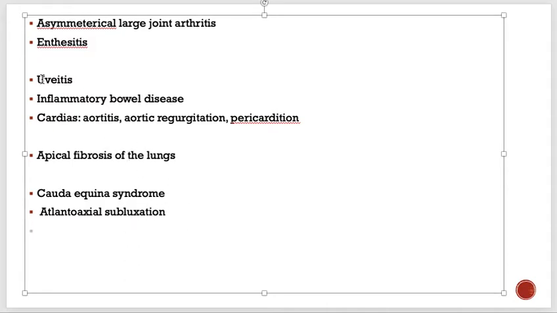One A is anterior uveitis. One A is apical fibrosis of the lungs. One A is aortic regurgitation. Many of the chronic disease patients can develop amyloidosis. So one A is this thing.